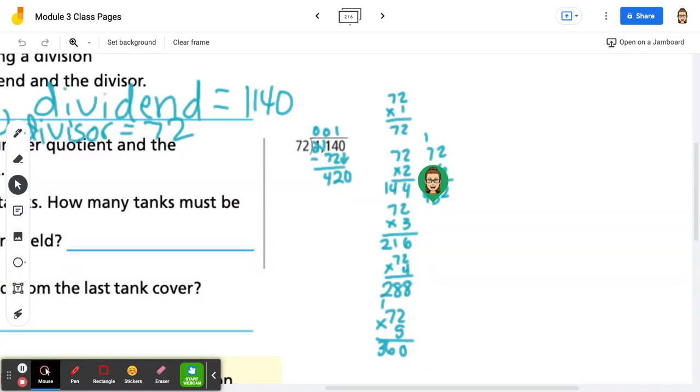That is going to be too big. So we put our 5 up top, and 5 times 72 is 360. Subtract: 0 minus 0 is 0. 2 minus 6 we can't do, so 4 becomes a 3. 12 minus 6 is 6. So we're going to have 15 with a remainder of 60.